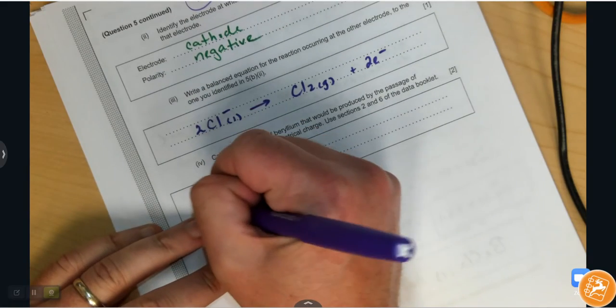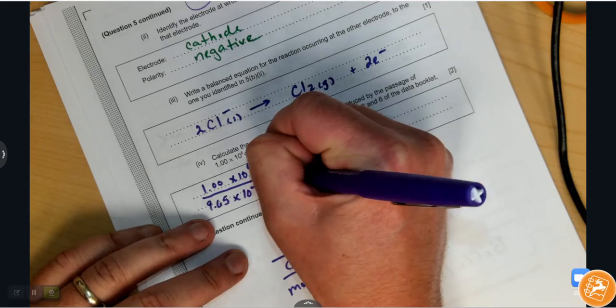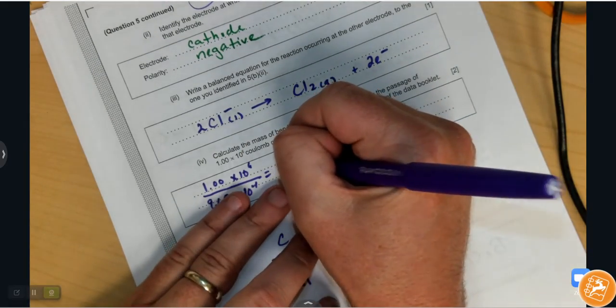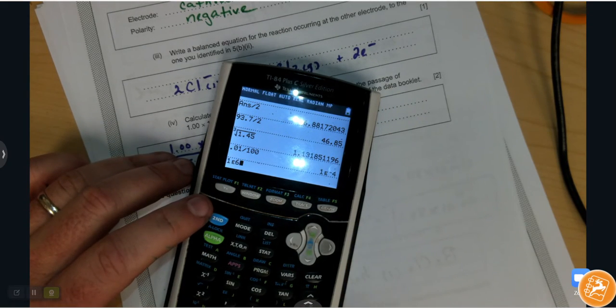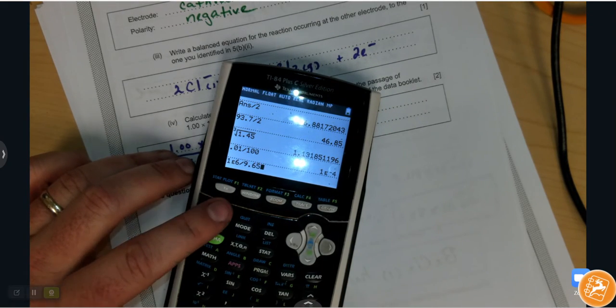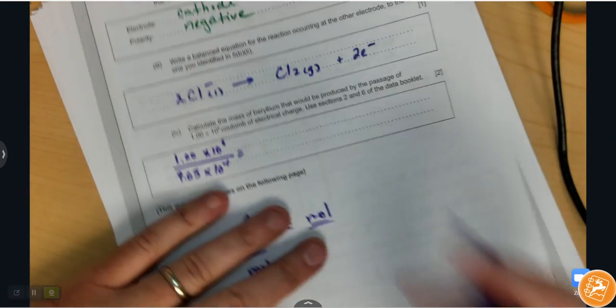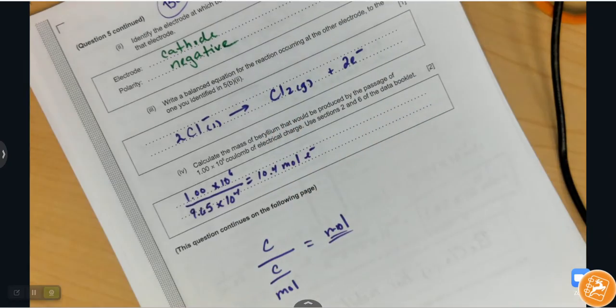Okay, so divided by 9.65 times 10 to the 4th, and that's going to give us, let me actually just do it. 1e6 divided by 9.65e4 gives us 10.4, but that's moles of electrons added.